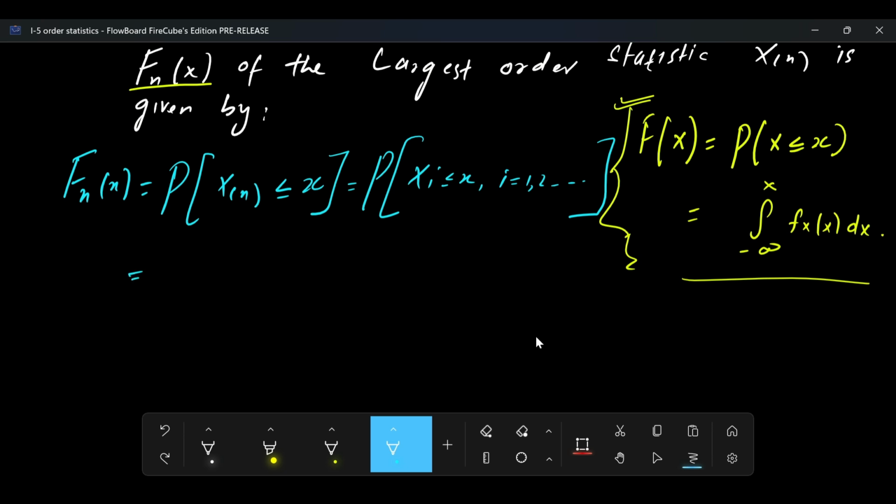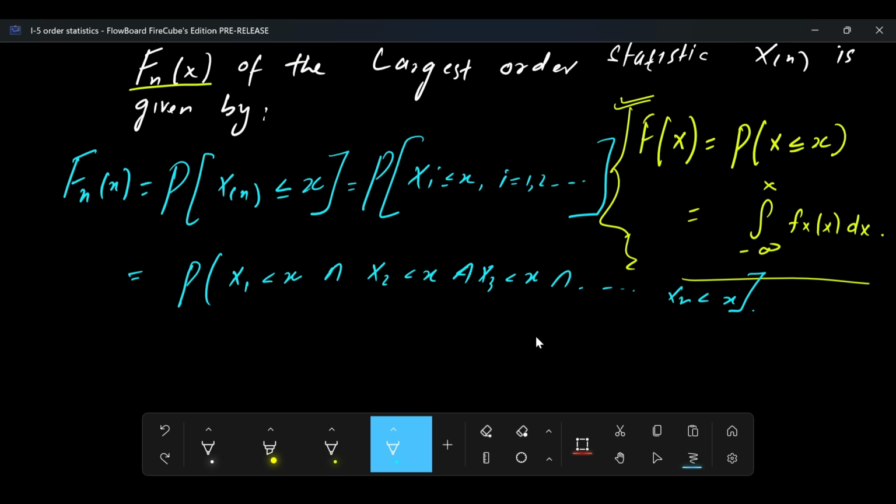So this can be written as probability x1 less than small x intersection x2 less than small x intersection x3 less than small x intersection xn less than small x.